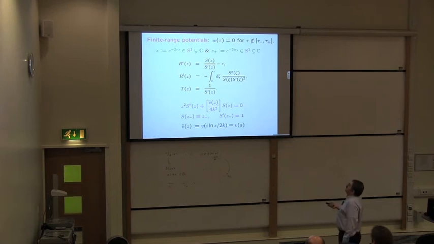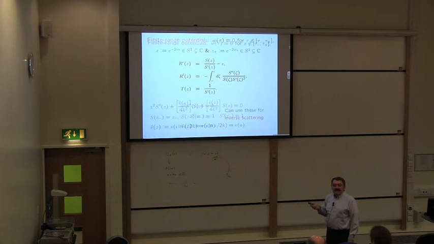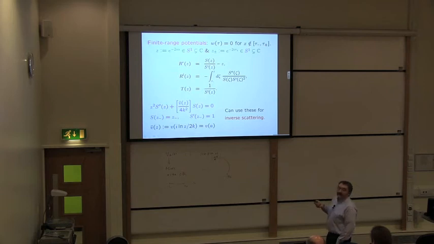So what is it good for? Well, you see, the relation between s and T and R is very simple. This can be used for inverse scattering. Why? Because suppose you want to have a T of this form, well, you cook up an s which would give you the same transmission, then you have the s, you put it here, and get the potential out. Just taking derivatives.